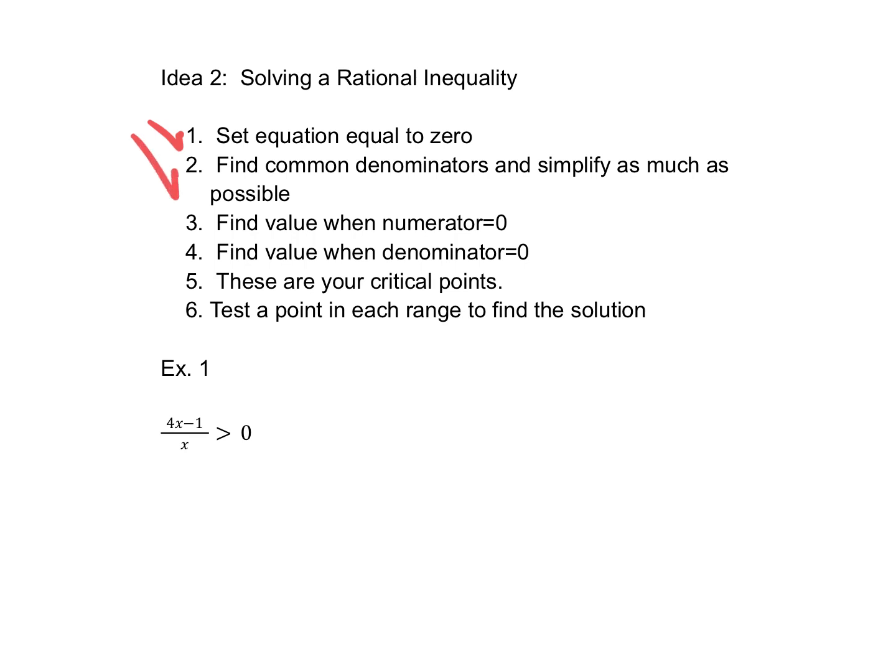Simplify as much as you can. Add common denominators so that eventually you just have one term on the left-hand side. Find the values when the numerator is 0 and when the denominator is 0. Those are your critical points. And then just like before, we do a quick test in each of the areas to see what our solutions are going to be.